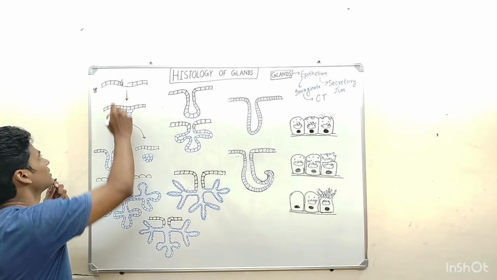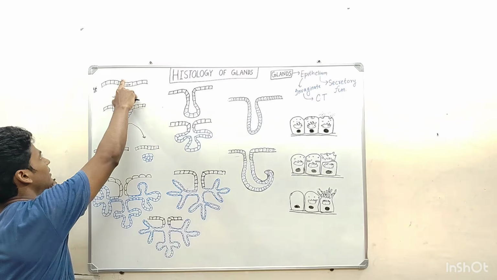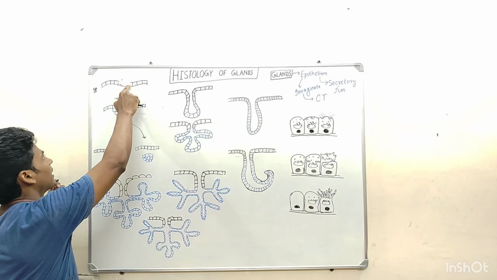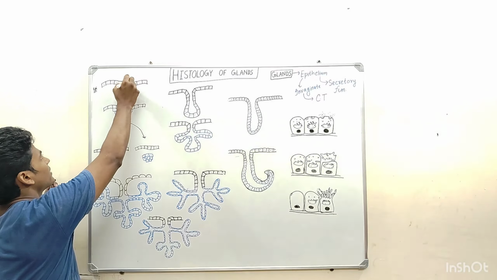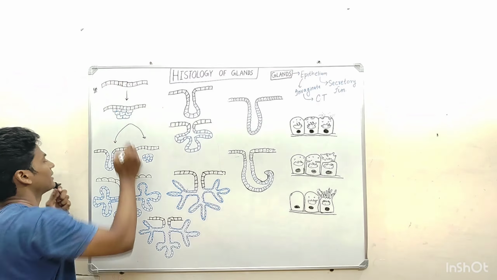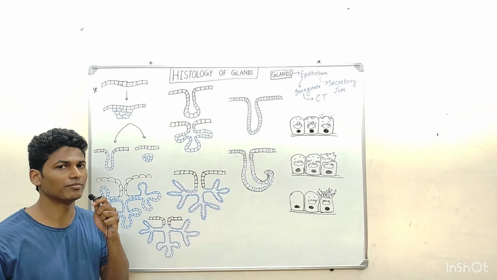If more than one cell is involved in secreting the material, then the gland is called a multicellular gland. So depending on the number of cells involved in the secretory function, glands can be divided into unicellular and multicellular.